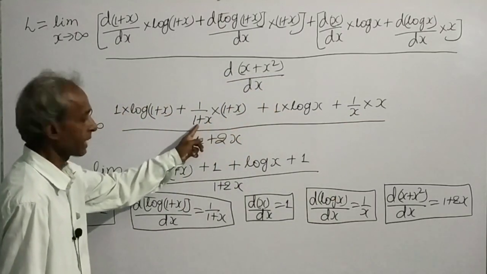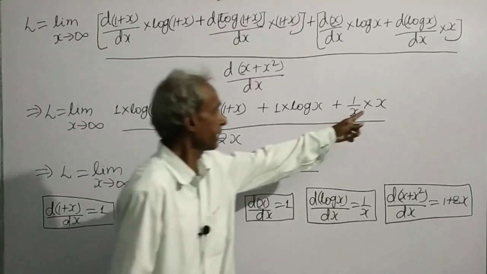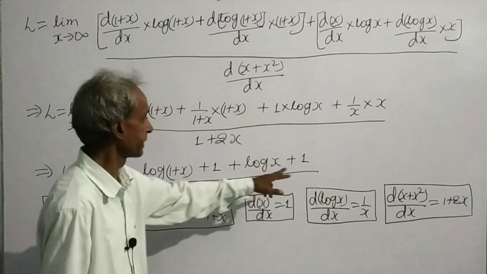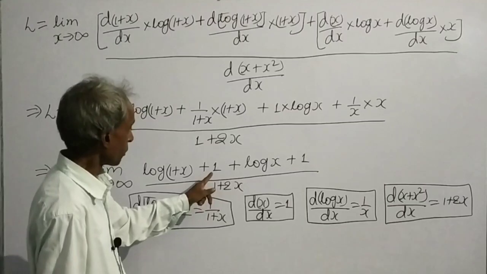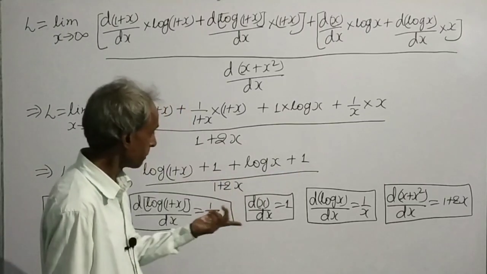1 plus x and 1 plus x will be cancelled out. X and x will be cancelled out. Now, this one and this one will become 2.